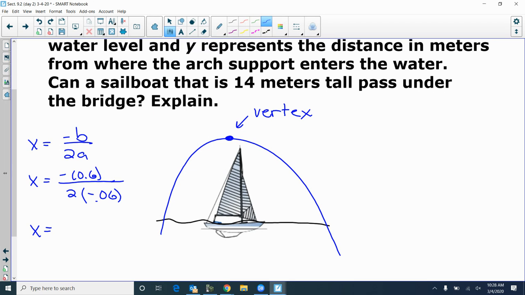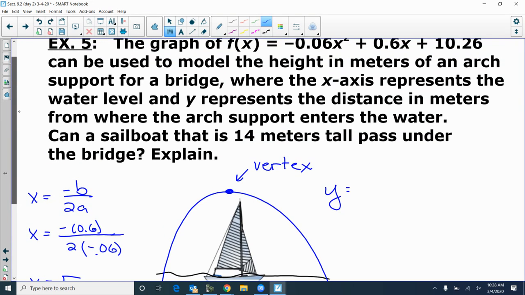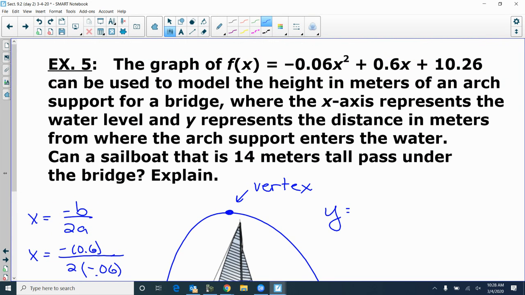So I got x equals 5. All right, now y equals negative 0.06 times 5 squared plus 0.6 times 5 plus 10.26. Plug that in your calculator.